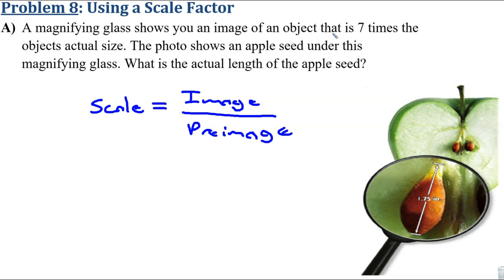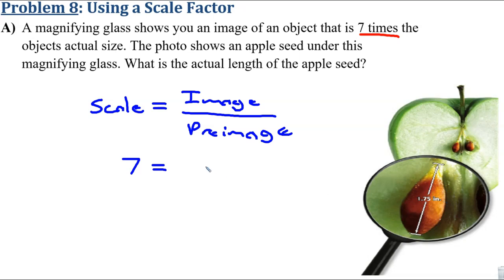Okay, first off, it says it shows an image of the object 7 times the actual size. That means that 7 times is my scale factor. So we can say 7 equals. And then the photo shows an apple seed under the magnifying glass. Okay, in the magnifying glass, I'm going to say that's our image.